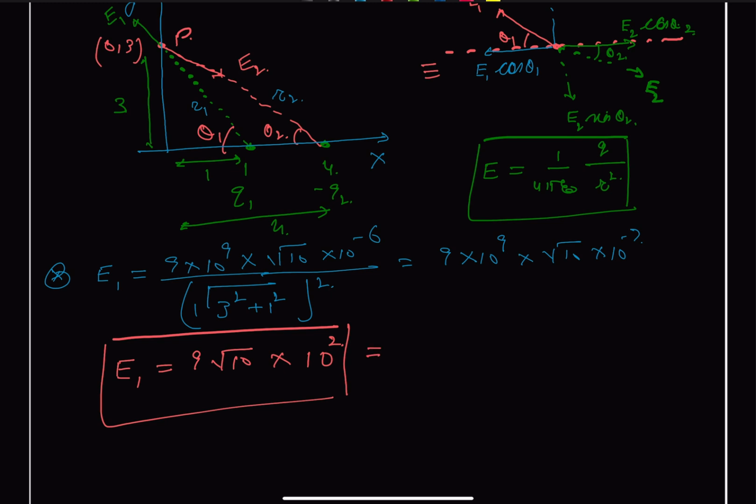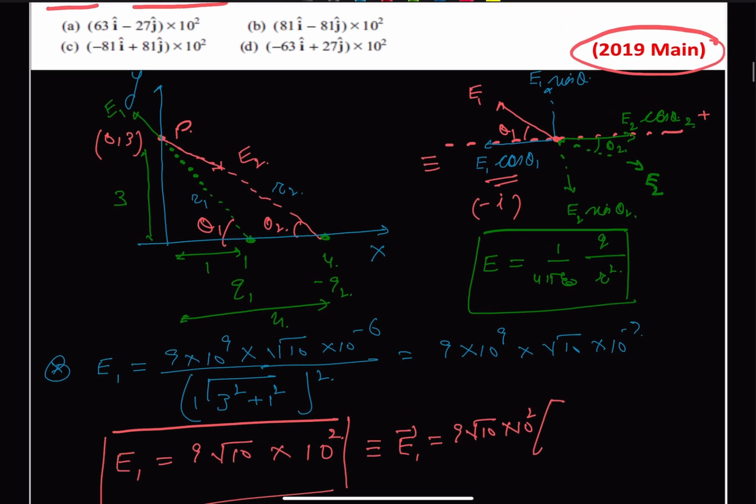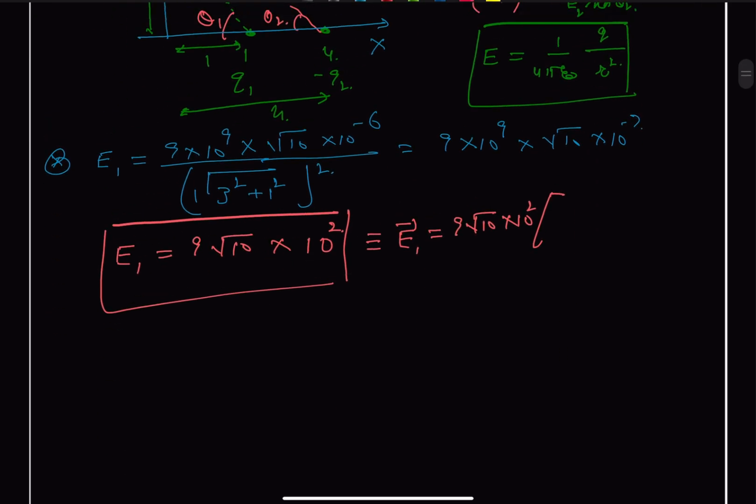We just found the magnitude, which is the common factor 9 square root of 10 times 10 raised to the power 2, and we have cos of theta 1 in the minus i direction, and sine of theta 1 in the plus j direction. So we get cos theta 1 times minus i plus sine theta 1 times plus j.